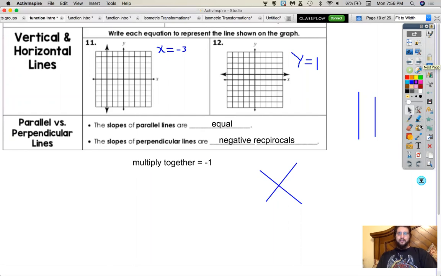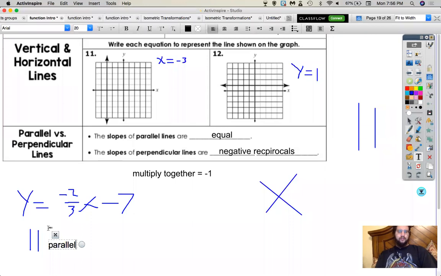So let's do an example. Let's say y equals negative 2/3 x minus, who cares what? That doesn't matter. That's the intercept. Here's my slope, negative 2/3. If we have a parallel line, these bars mean parallel, then its slope would be the same, negative 2/3.